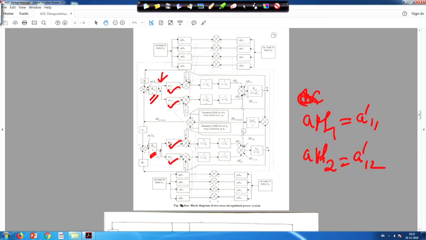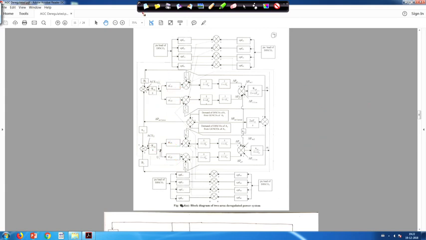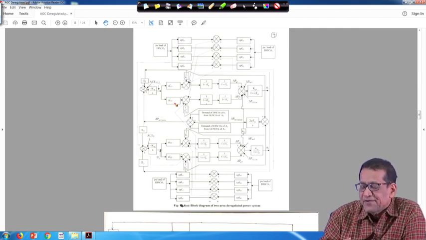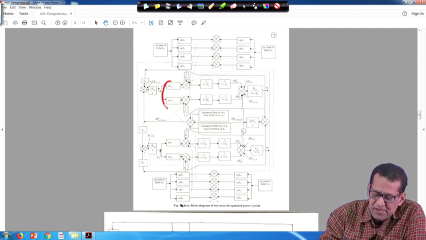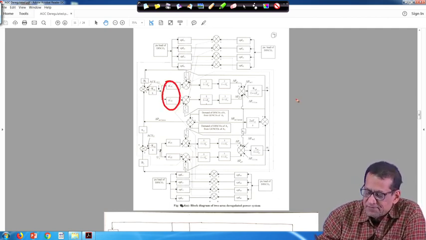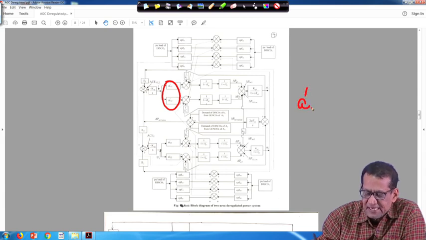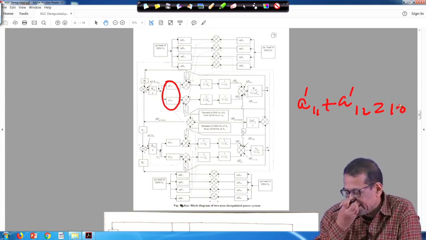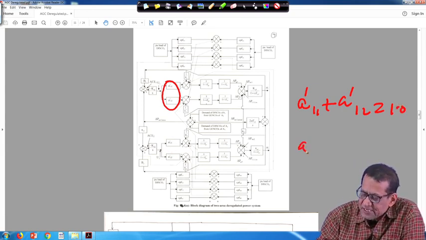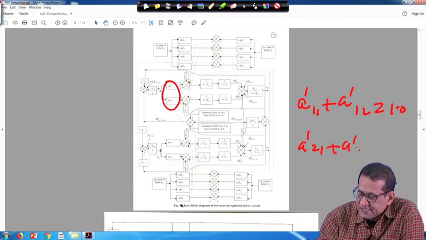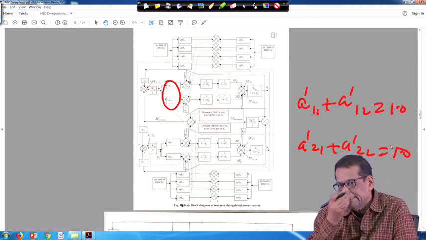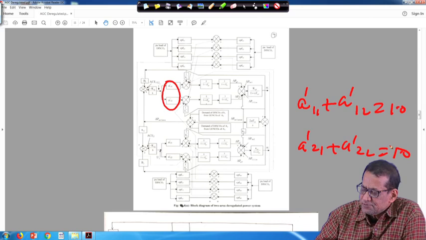I have made it this way just to keep the symmetry: A'11, A'12, then A'21, these are the AC participation factors. Mathematically, A'11 plus A'12 has to be equal to 1. Similarly, in area 2, A'21 plus A'22 also has to be 1.0. So it has to be 1.